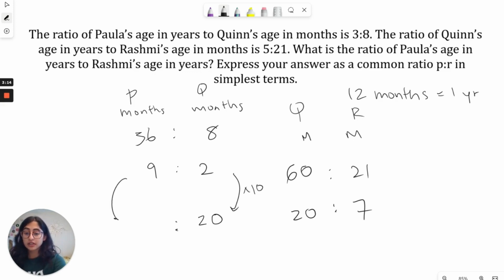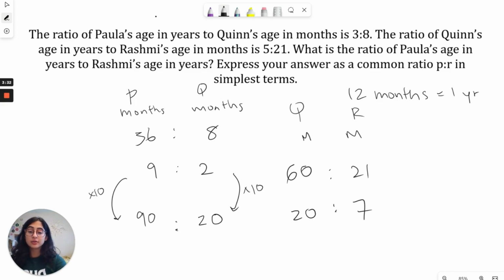Since this is a ratio, it will remain the same if we do the same thing to the other side. So this ends up being 90. So the Paula to Quinn age ratio is 90 to 20. We can see how that's the same as 9 to 2.